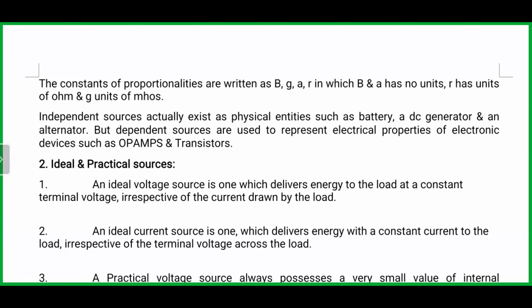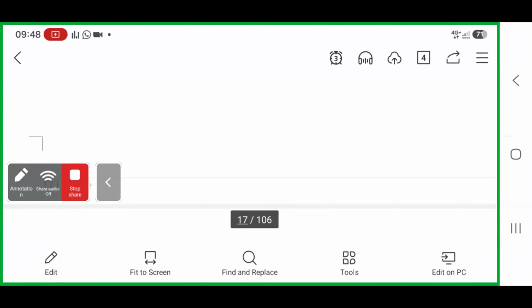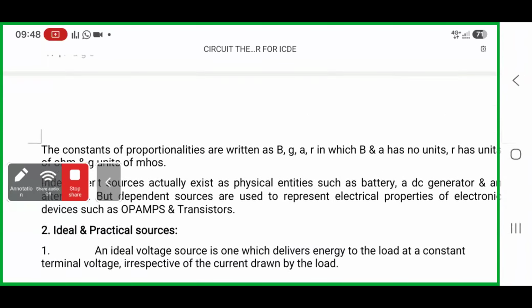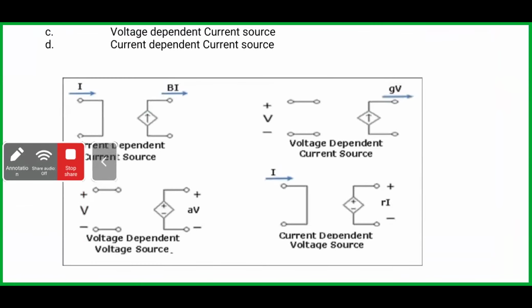So I wanted to wait till this place, then I will give you an explanation. When you buy a power supply, a universal power supply, maybe for a lab, you will see these symbols.